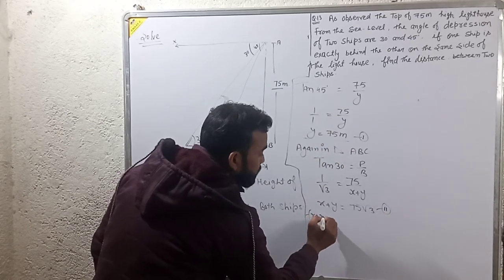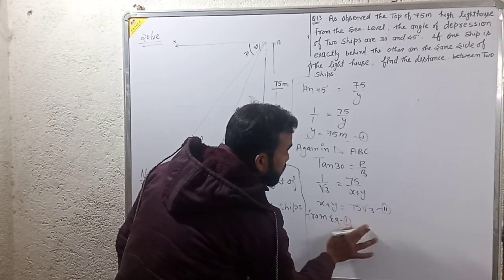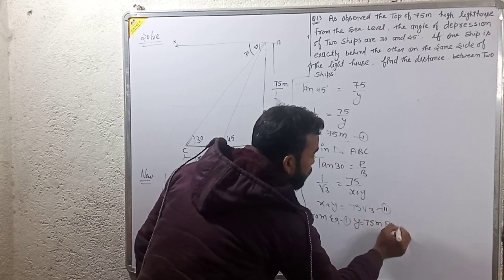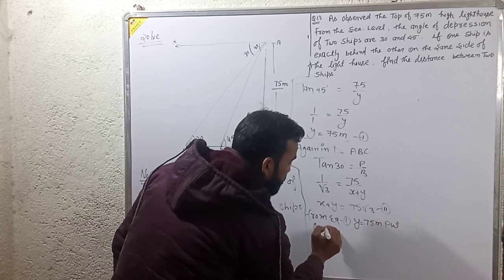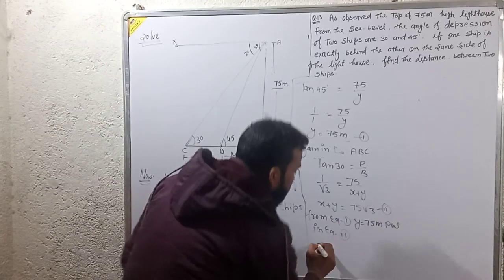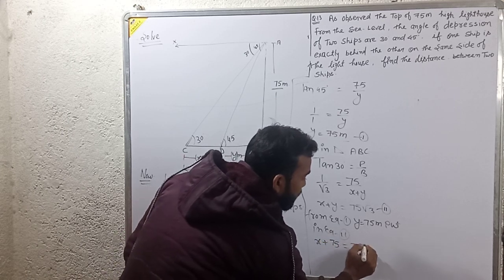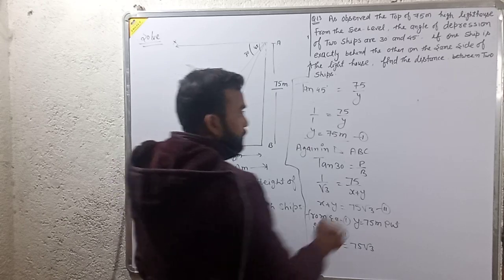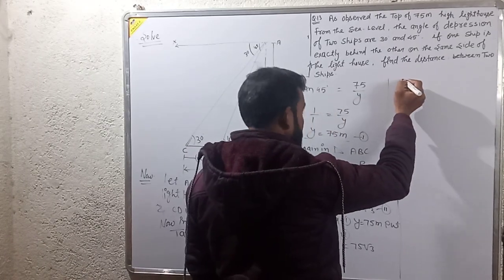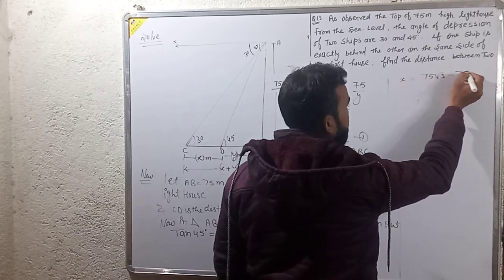From equation first, y is equal to 75 meters, put in equation number second. So x plus 75 is equal to 75 root 3. x is equal to 75 root 3 minus 75.